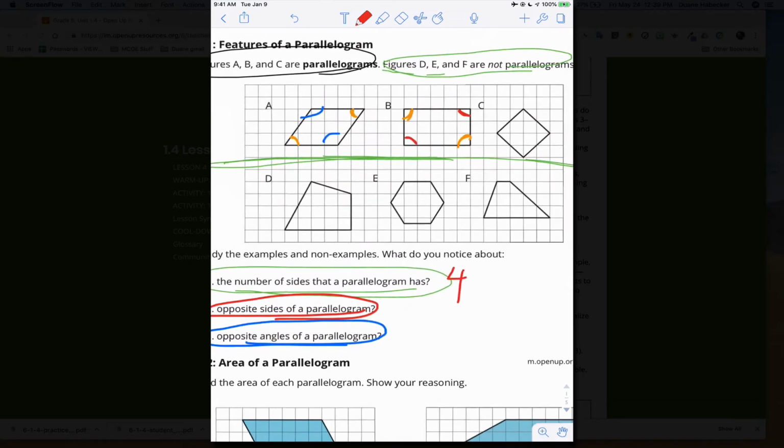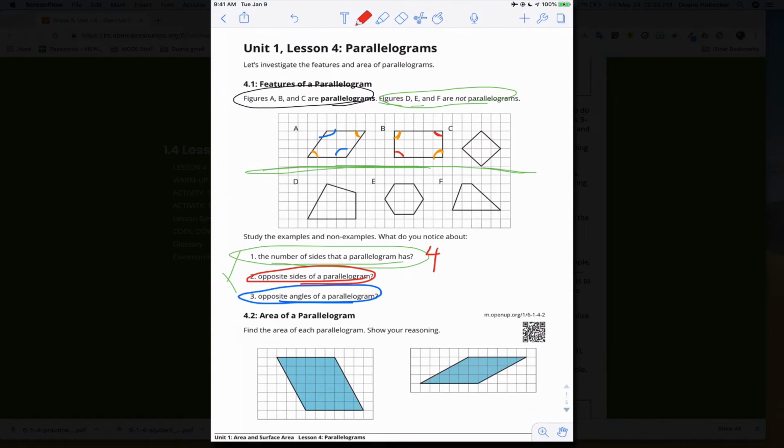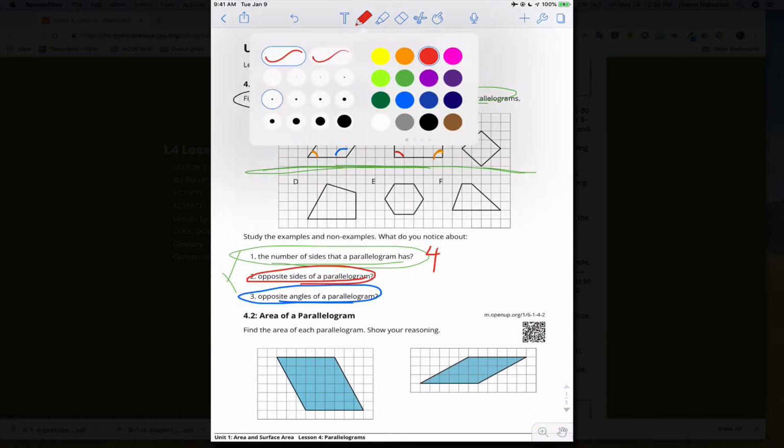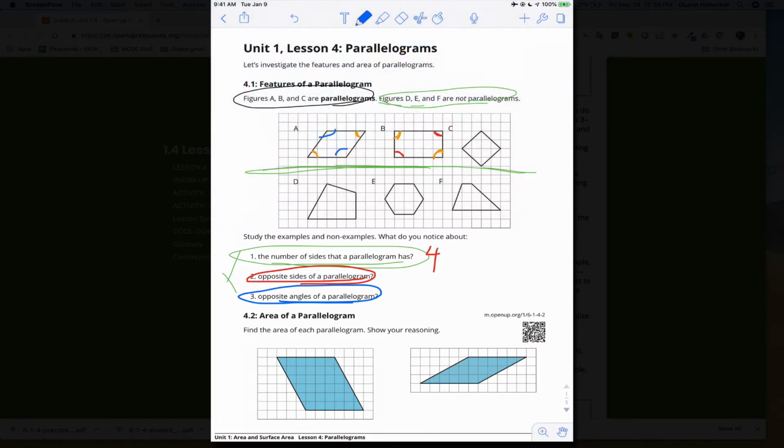And then when we look at these non-parallelograms below, we see that while this has 4 sides, this does not have 4 sides, so that's automatically not a parallelogram. What about the opposite sides? We see that these opposite sides are not equal.